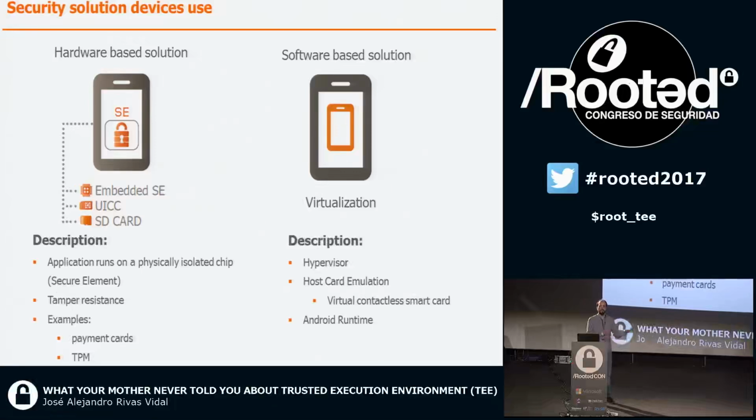So where do we find these kinds of chips? On credit cards, TPMs, or even in the new ID 3.0 from the Spanish government.